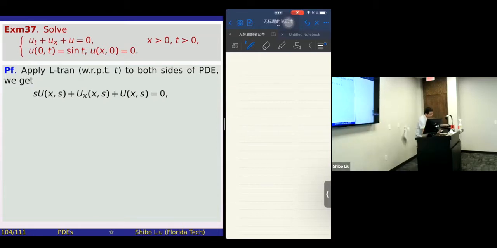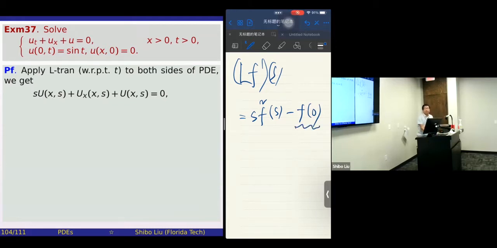Remember our formula: L f prime (s) equals s F(s) minus f(0). So the value of the original function at 0 appears here. If you take the Laplace transform with respect to t, then when t equals 0, this is 0. Therefore, we do not have this term.